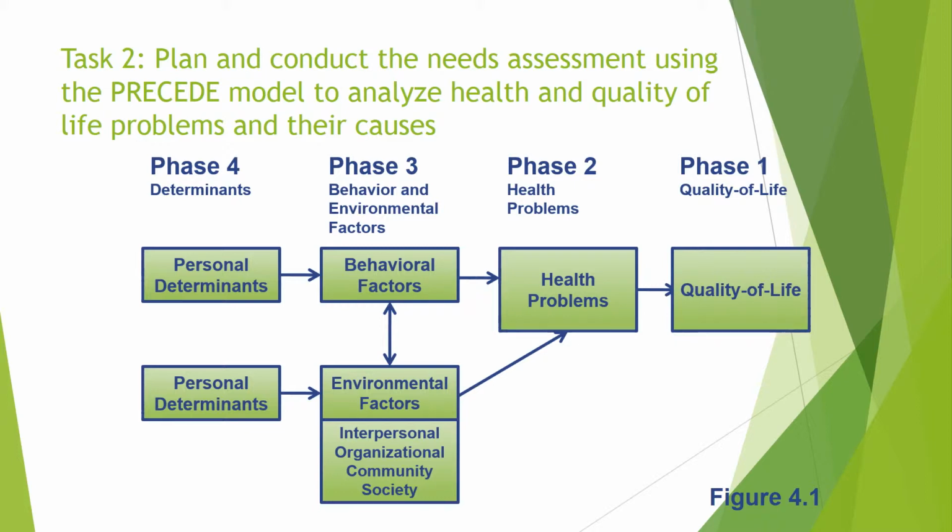So it's not just the air and the water, it's also the people around us. That would be the interpersonal factors, organizational factors, community factors, and society factors. So all those are wrapped up into environment. And as I said a couple sessions ago, all behavioral factors and environmental factors are the result or can be controlled by people.